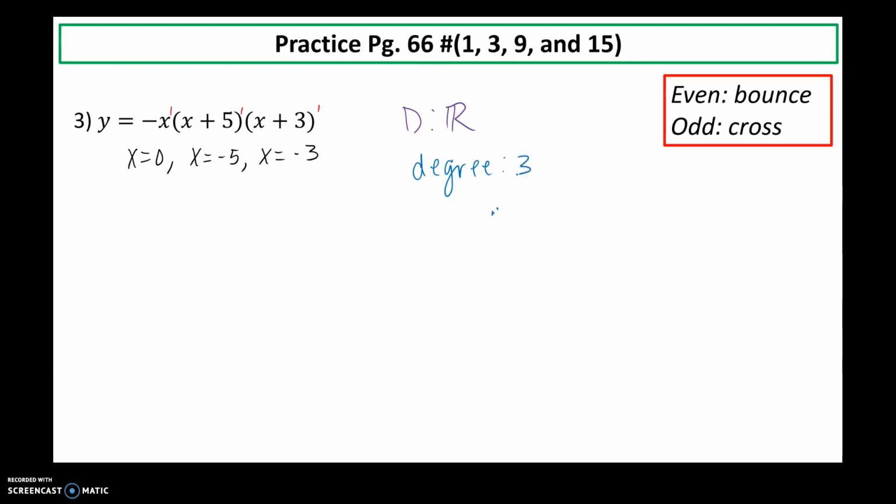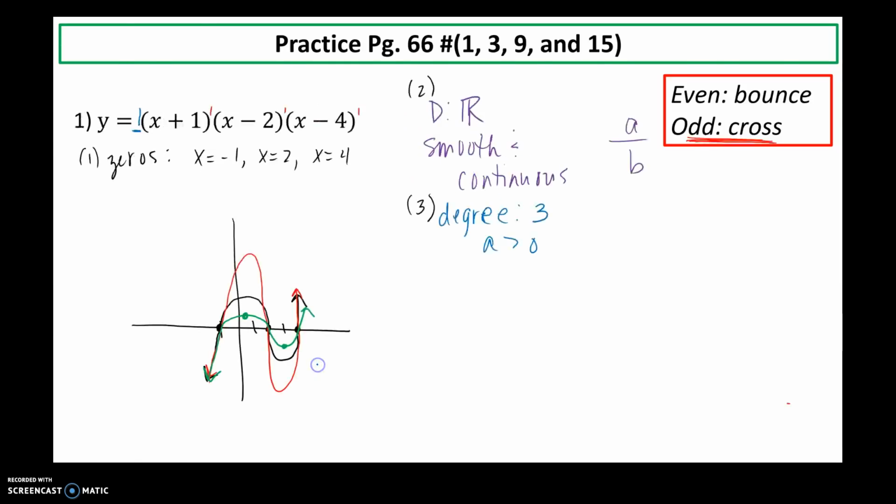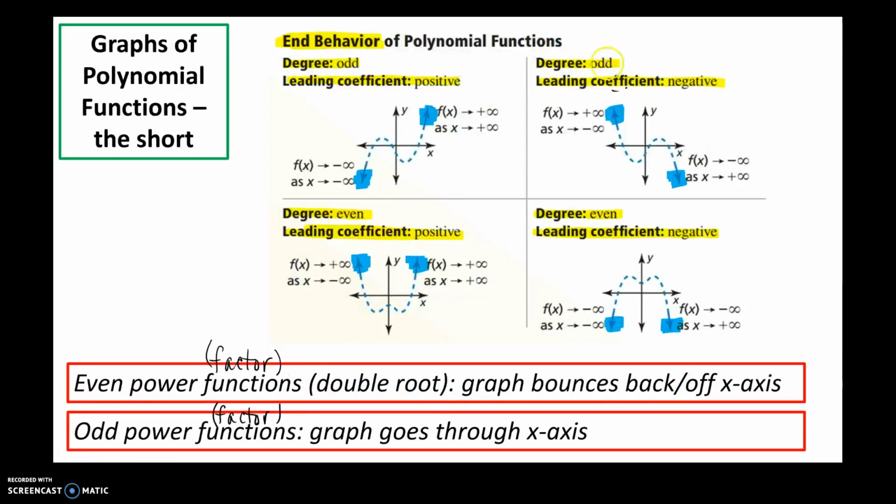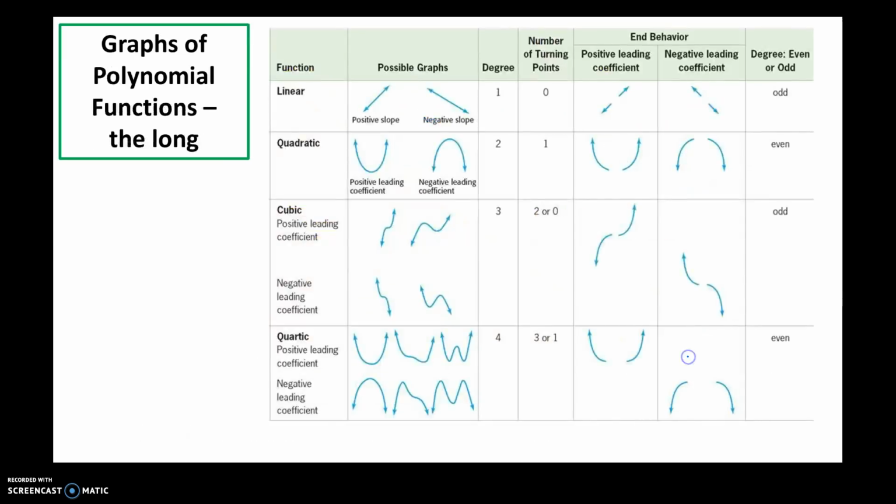But now our lead coefficient is a -1. So now a is less than 0. So going back, odd degree, lead coefficient negative. Now my end behavior is going to be up, down.